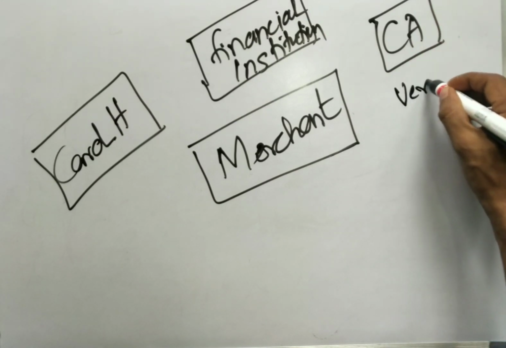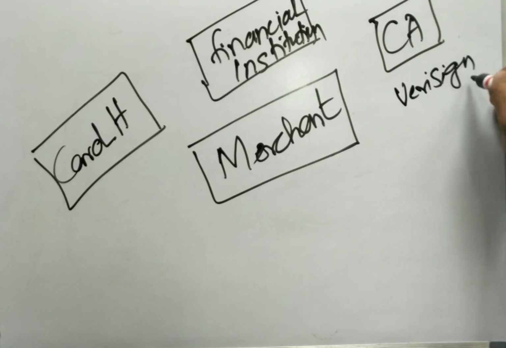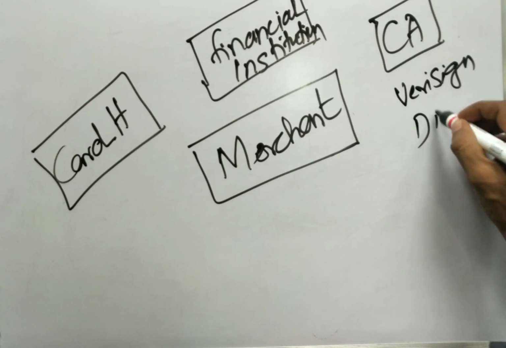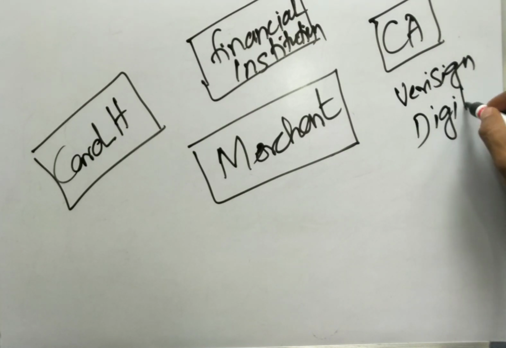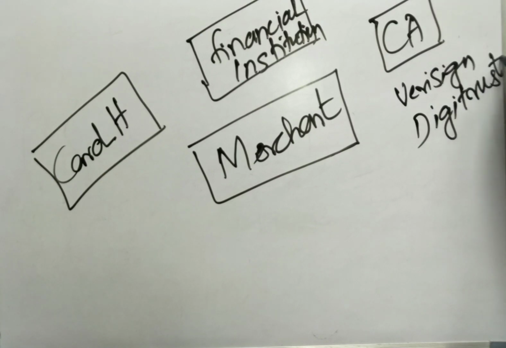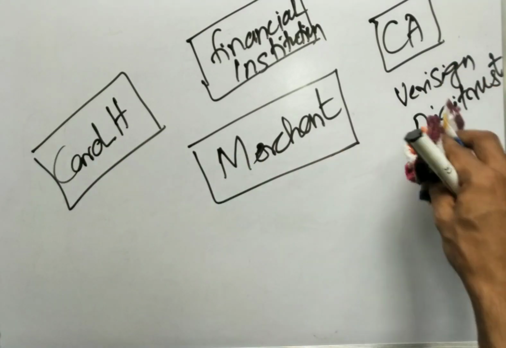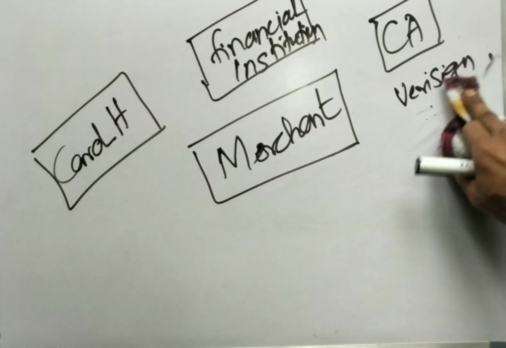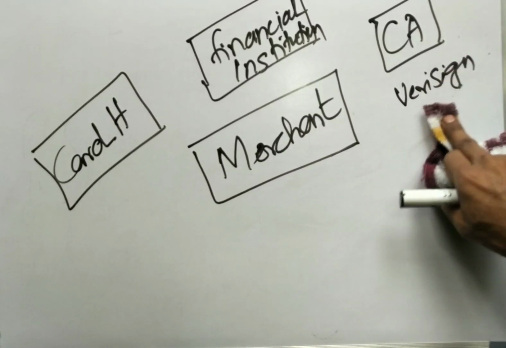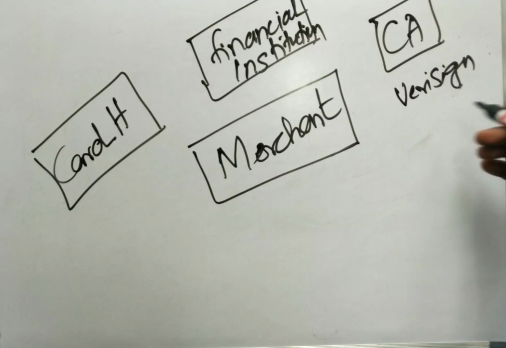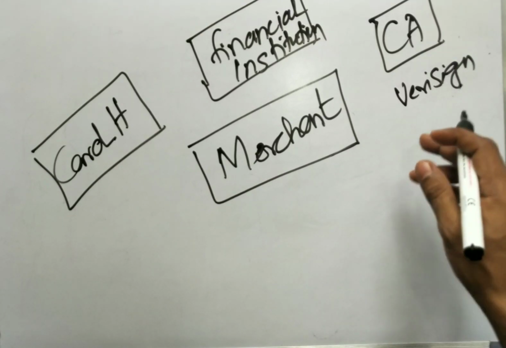For example, we have VeriSign, we have DigiTrust, we have American Express, etc. Let it be VeriSign.